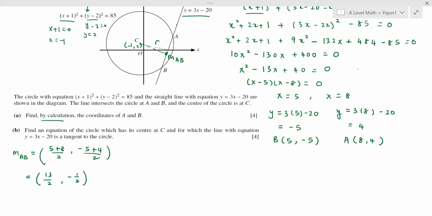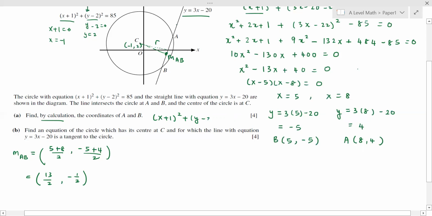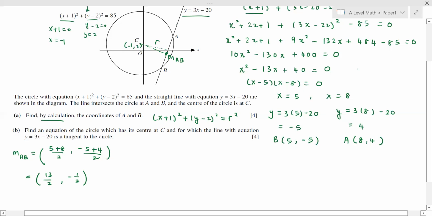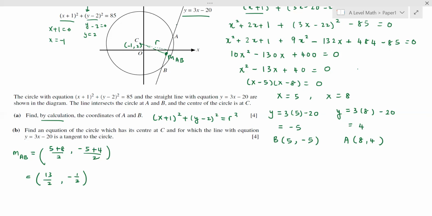The equation of the circle that we want now is (x + 1)² + (y − 2)² = r². So r is the distance, then r² is the squared distance.